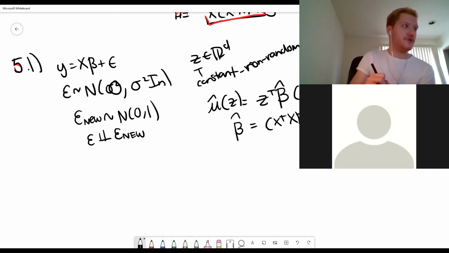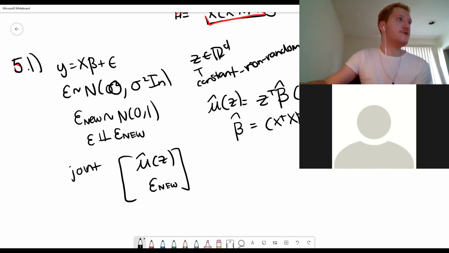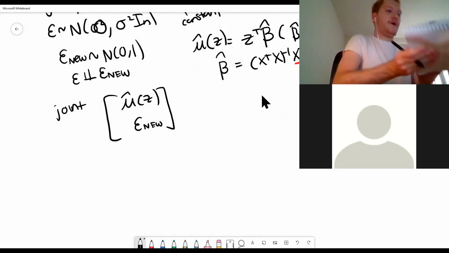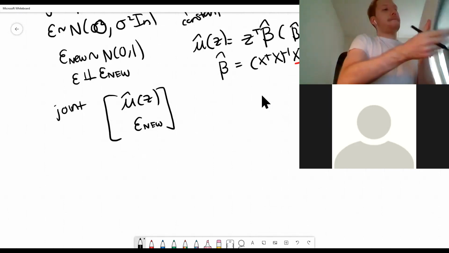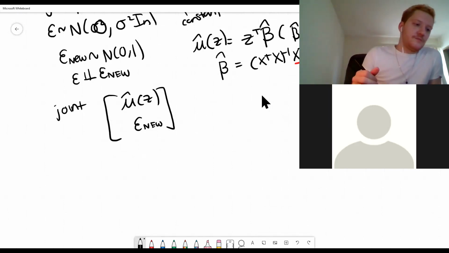So let's think about finding the joint distribution of mu hat z and epsilon nu. To do that, we need to find four things, really five things.